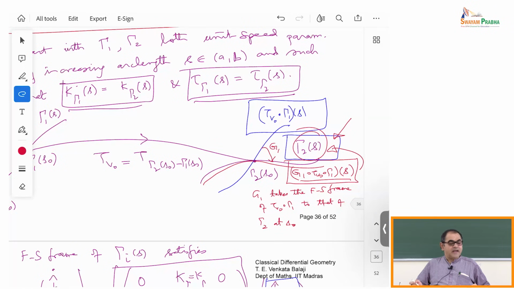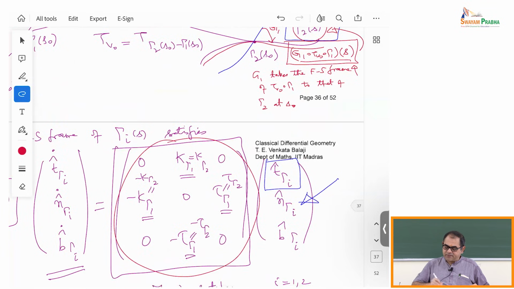But now here comes the important thing. Whenever you apply a rigid motion, the curvature and torsion functions will never change. Therefore, this gamma 2 as well as this new curve, G1 circle TV0 circle gamma 1, still have the same Frenet-Serret matrix. They are still both solutions of the same Frenet-Serret differential equation, but now they are both solutions with the same initial condition.